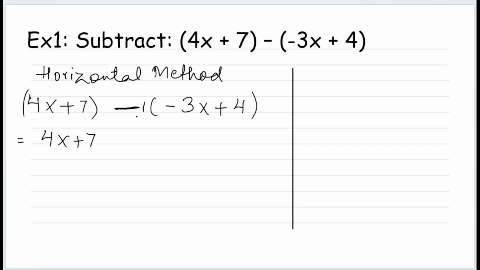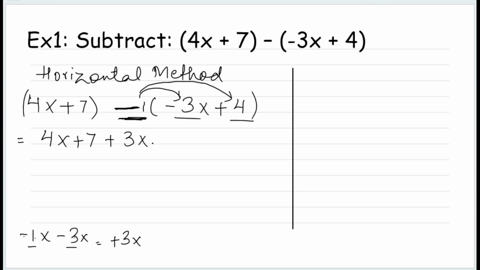So basically this negative sign is getting distributed to all the terms of the second parenthesis, or in other words, the terms of the second parenthesis are being multiplied by negative 1. When I multiply negative 1 times negative 3x, negative times negative is positive, and 1 times 3 is 3. So this negative 3x has become plus 3x.